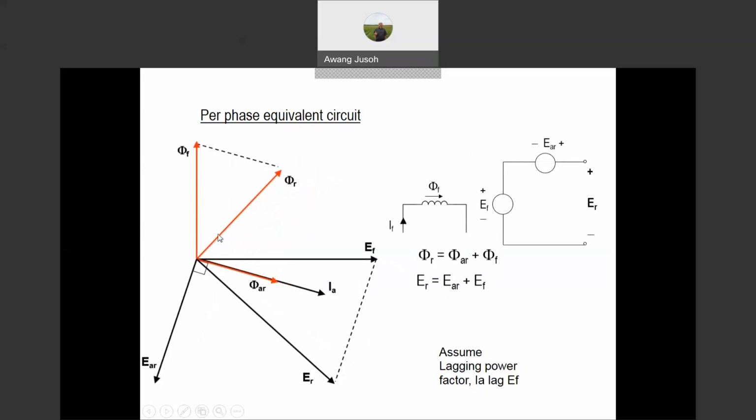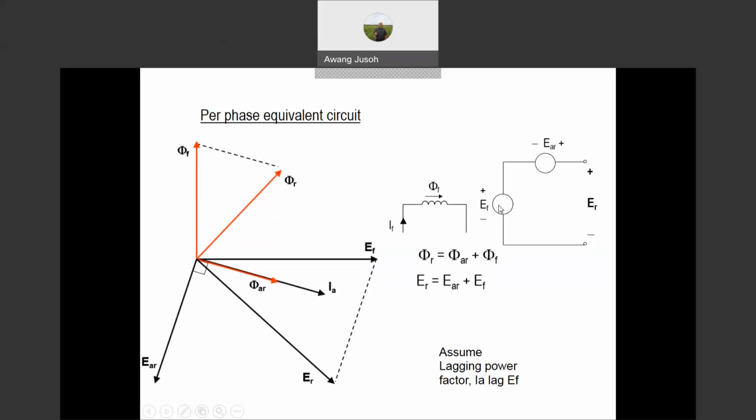So we can represent this phasor diagram in terms of the circuit diagram. The first one, IF produces flux F. This comes from the rotor side. We inject DC current on the rotor side. This rotor winding creates flux F. So flux F generates EF in the stator part. We know just now, what is EF? It is the excitation voltage.